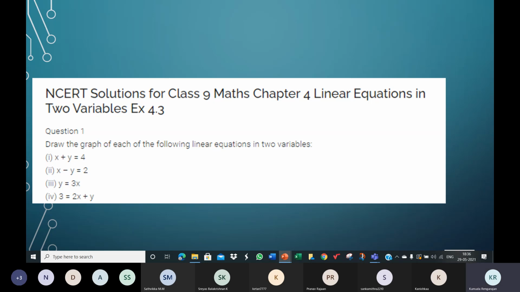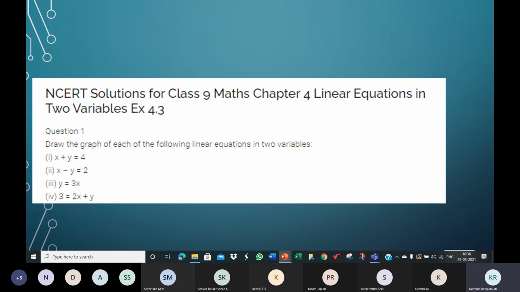So when one variable is missing, if you treat the equation as an equation on 2 variables x and y, but one variable is missing there, then it will be a line parallel to the x or the y-axis. Now in the second one, we have only the variable x. So the line will be parallel to the y-axis.